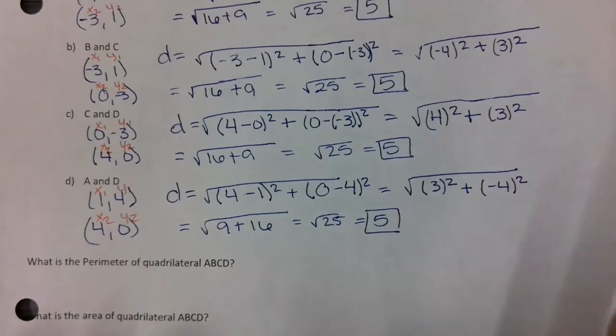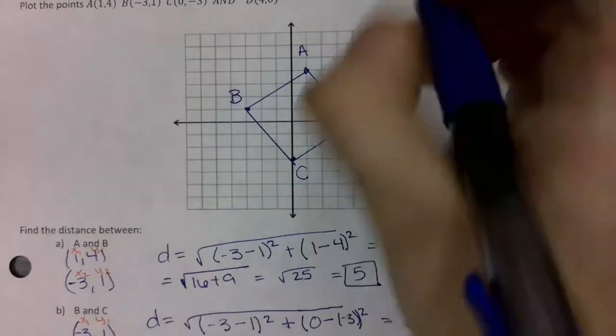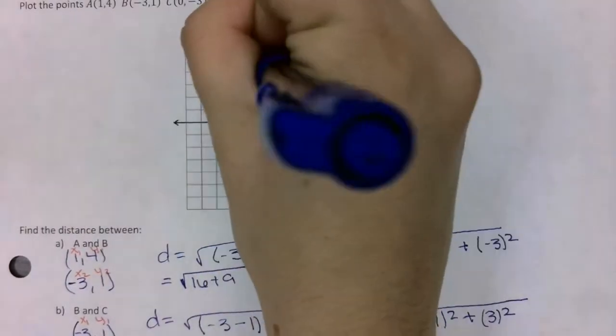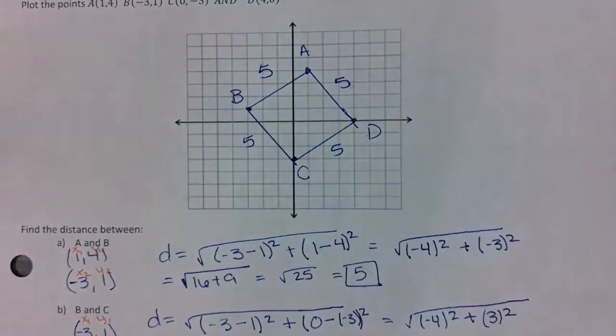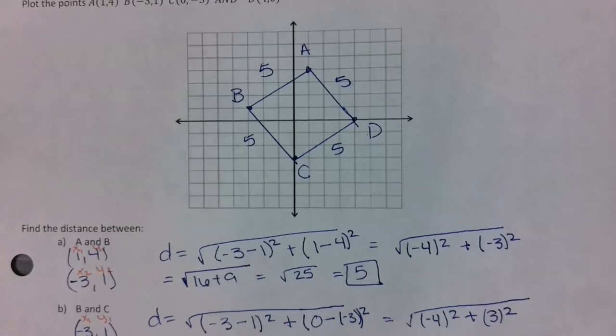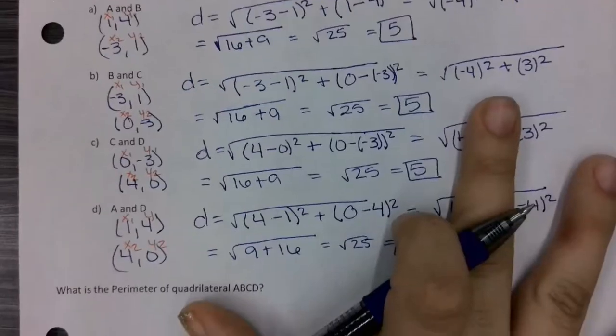Okay, so I'm going to go back up to this picture. And we discovered each of these lengths is 5. Okay, so what would my perimeter be?